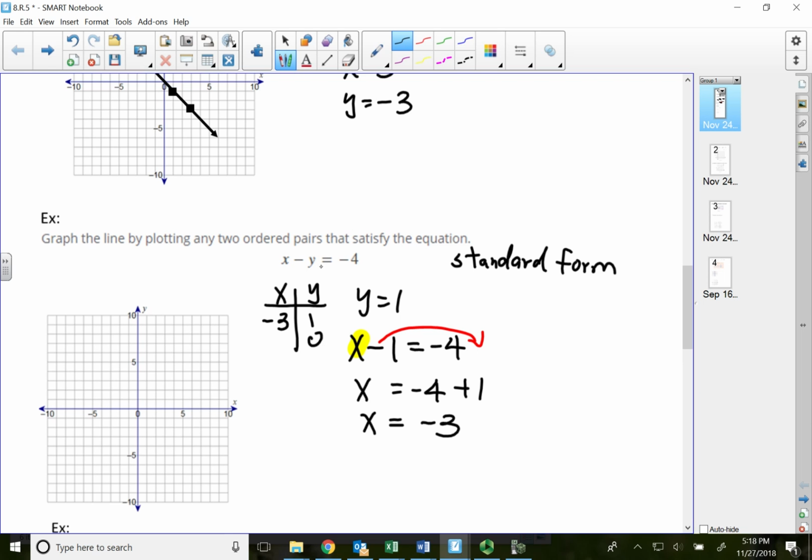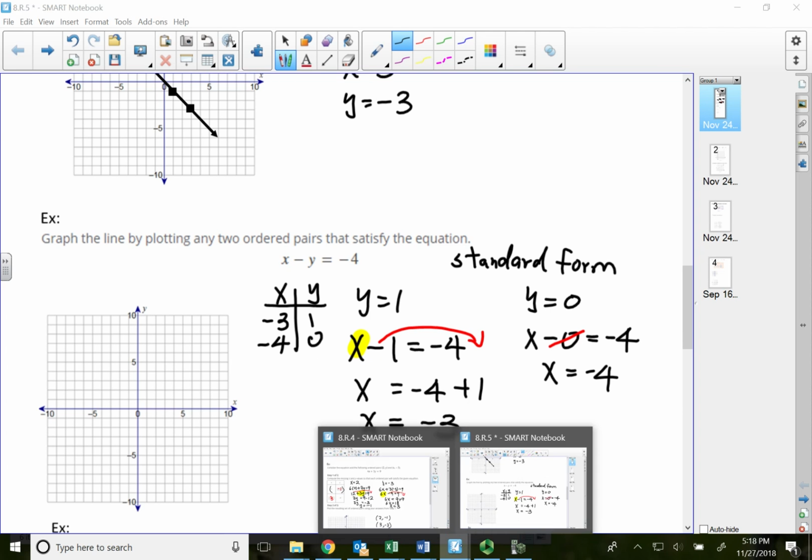If I plug in 0 for y, my equation, which normally says x minus y, now says x minus 0 equal to -4. X minus 0, well, 0 means there's nothing there, so that term is just nothing. My equation now simply says x equal to -4. There you go. So (-4, 0) is a point.